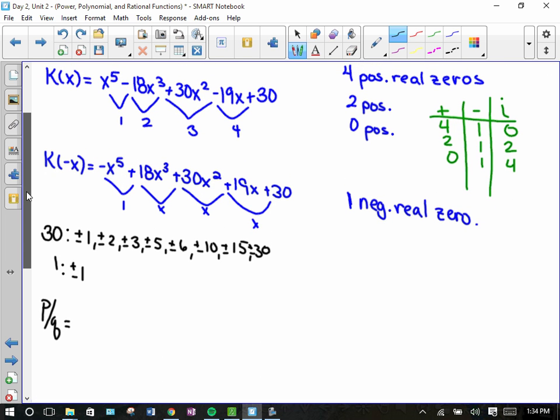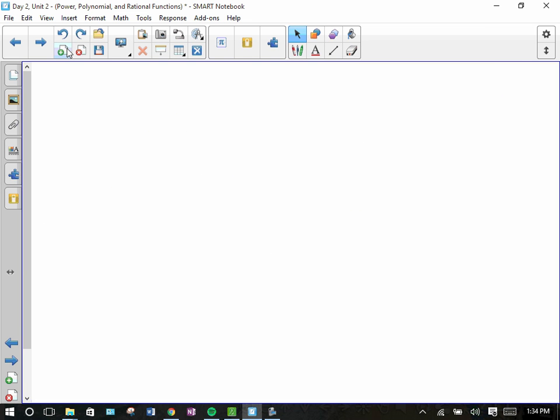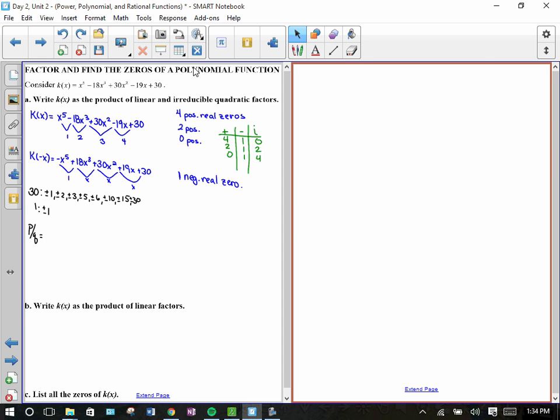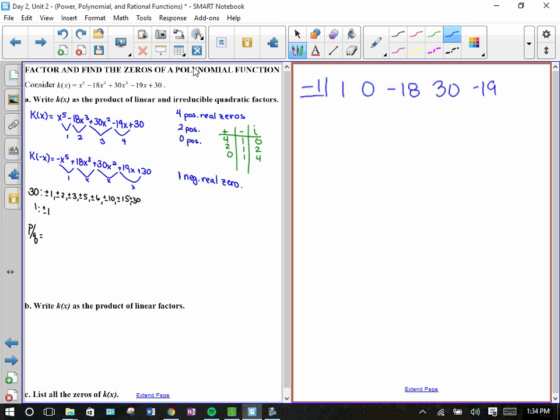So I'm going to start with negative 1. I'm going to use my leading coefficient 1, 0, negative 18, 30, negative 19, 30.